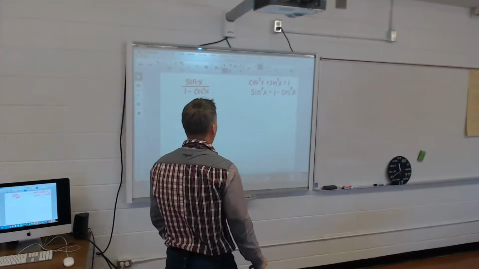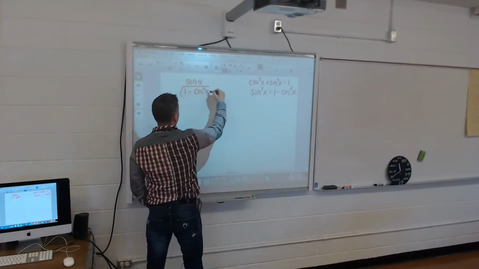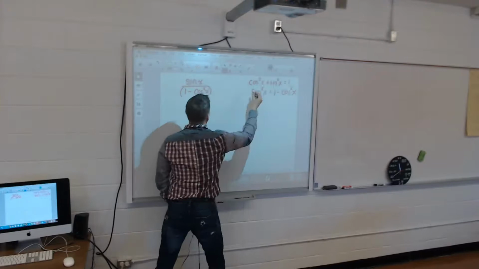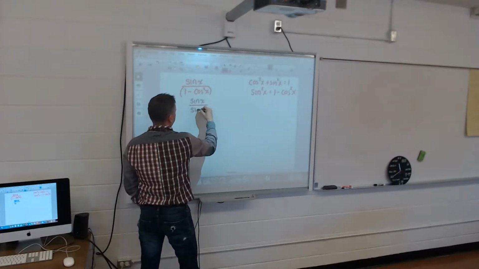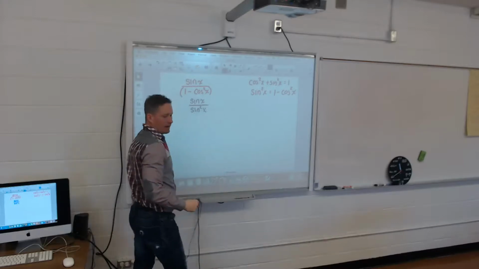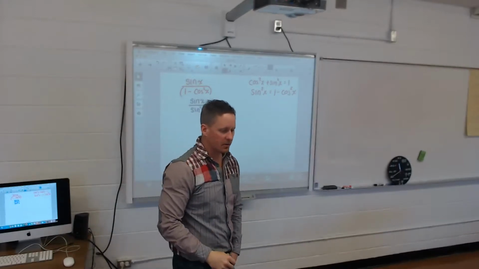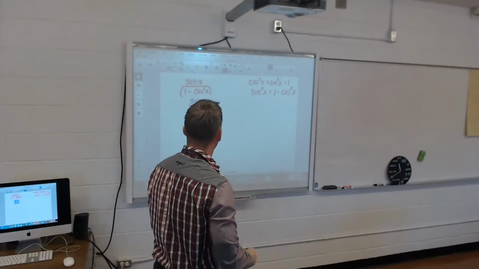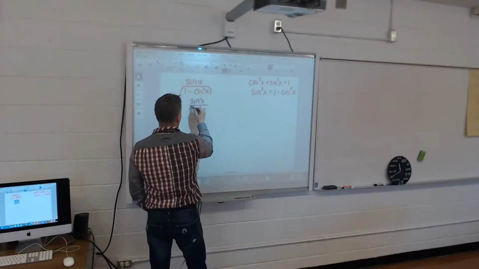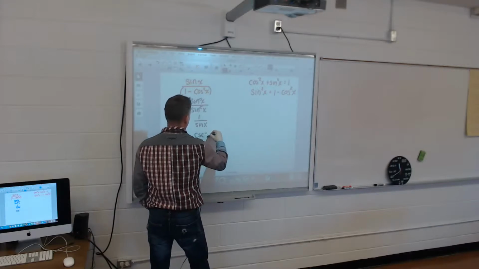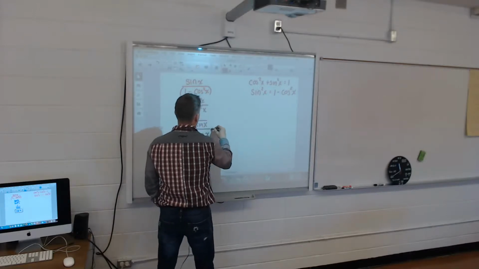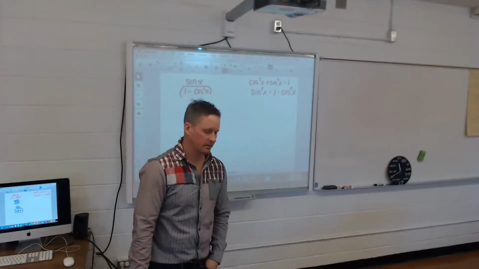So then I can substitute in right here. I get sine x over sine squared x. That cancels, leaves me with 1 over sine x, which is cosecant x.